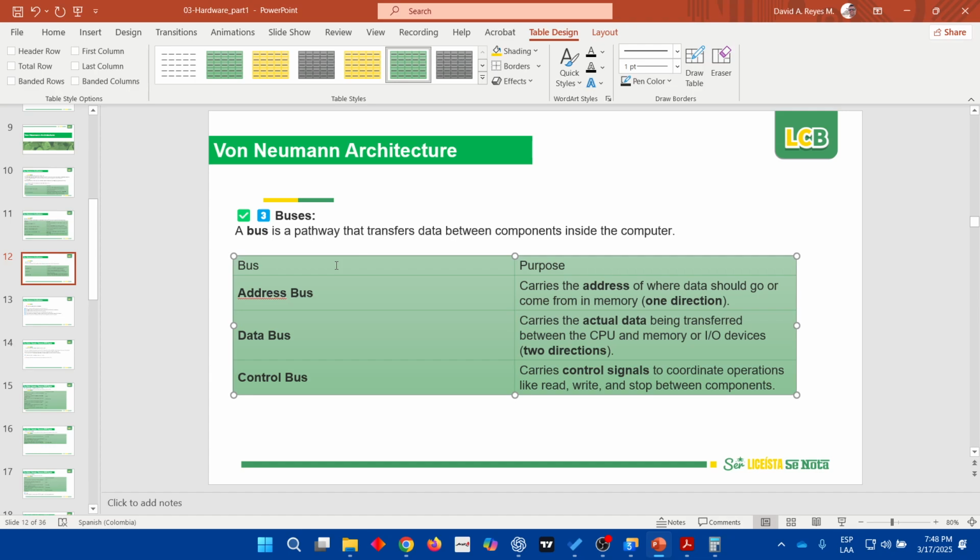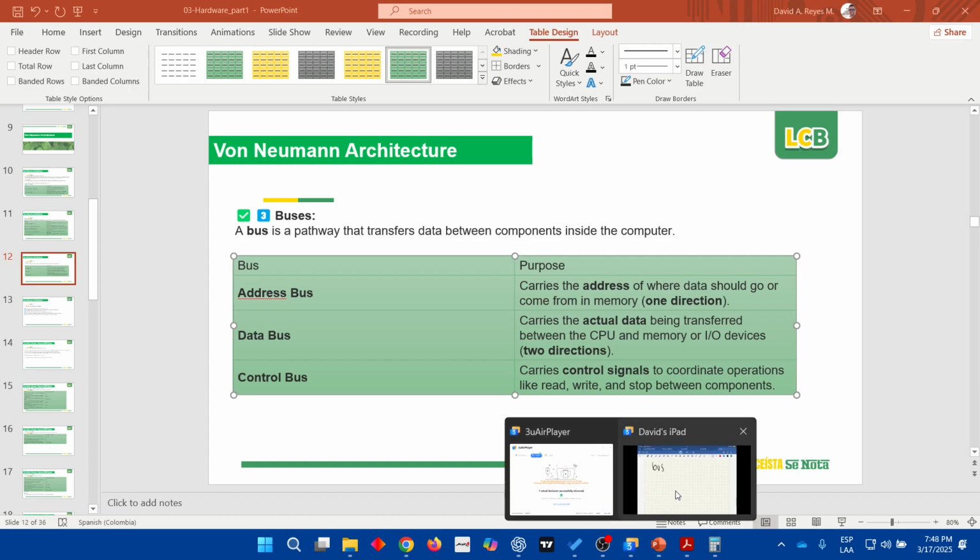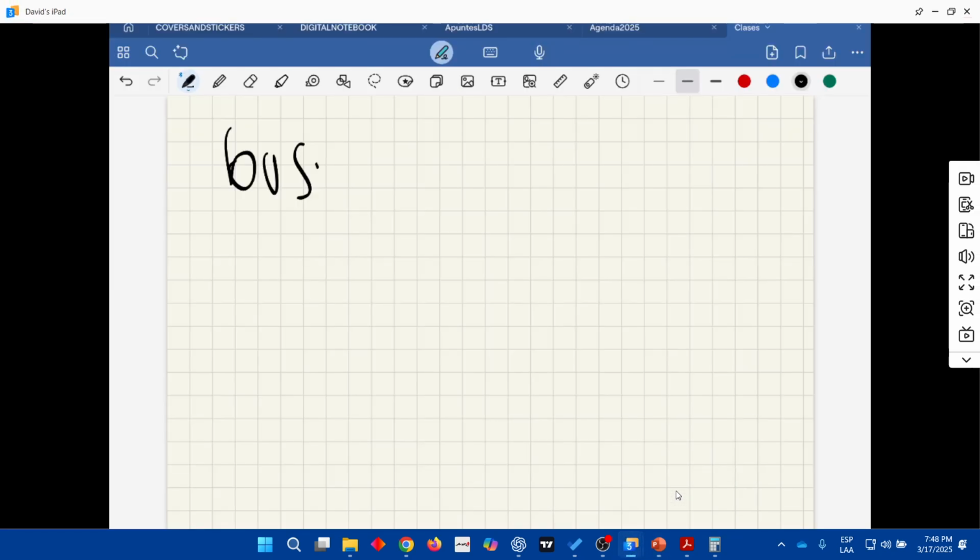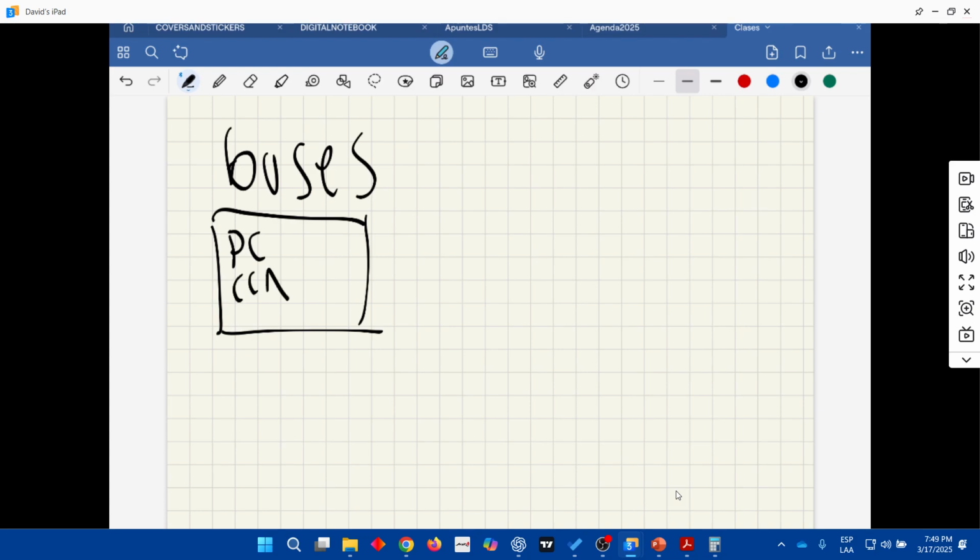Buses. A bus is a pathway that transfers data between components inside the computer. Okay, so let me show you here. So let's suppose that you have your program counter, and here you have an address, for example, the CCA.